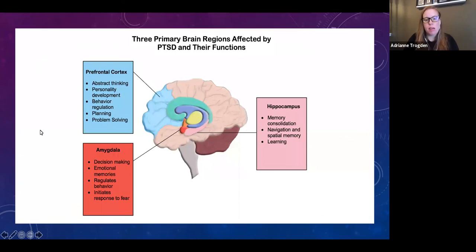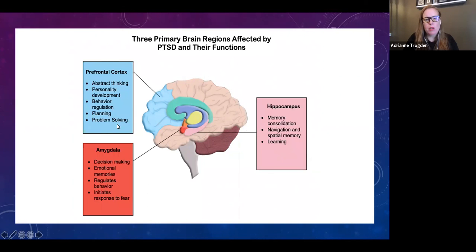Okay, so let's talk about trauma's effects on the brain. So here are 3 primary brain regions that are impacted by PTSD and trauma in general. The prefrontal cortex, which is right here, this blue part. The prefrontal cortex is responsible for abstract thinking. This is where our personality develops, our behavioral regulation, planning, and problem solving.